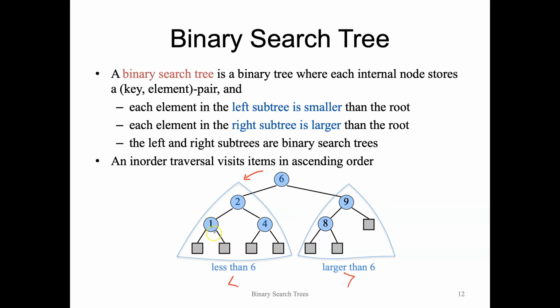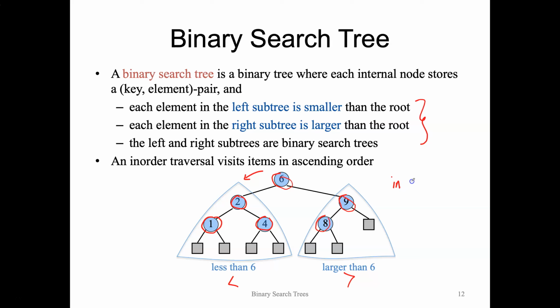So an in-order traversal would visit 1, and then 2, and then 4, 6, 8, and 9. So this would be an in-order traversal. And any in-order traversal in a binary search tree, because of this property, will always produce an ascending order of elements. So let's see how we would implement those main functions.